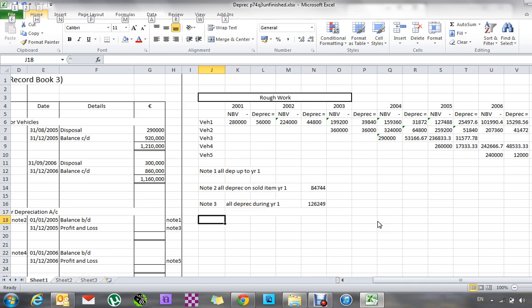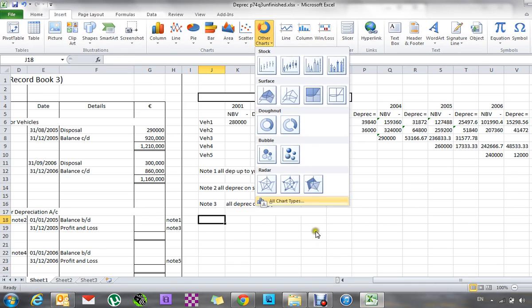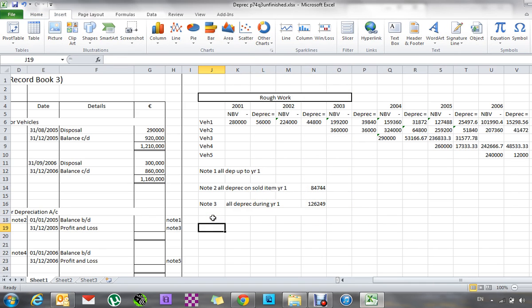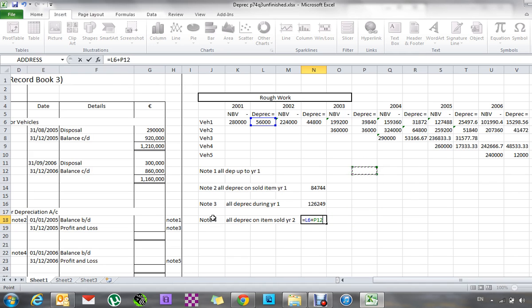So note number 4 is all on item year 2. So during year 2 I sold vehicle 1, so I've got to have all of the depreciation during its life, and that will include the refrigeration.